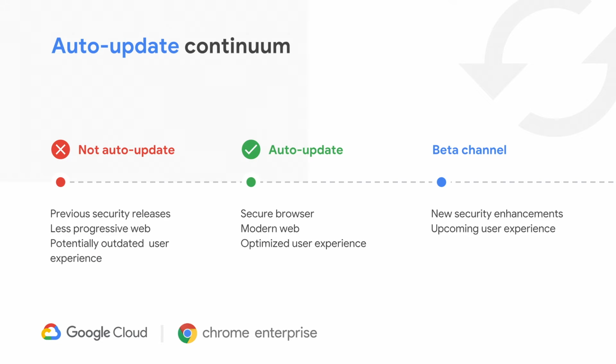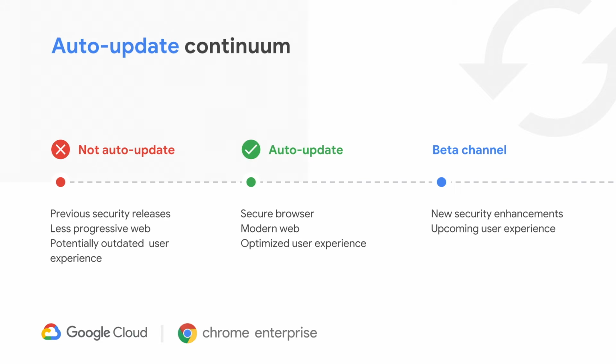Even if your organization has a desire to benefit from auto updates, you could have some internal challenges that make this difficult. Some of those common things include concerns around application compatibility, unique testing requirements, change management processes that you're required to follow, internal security reviews, and even regulatory requirements.